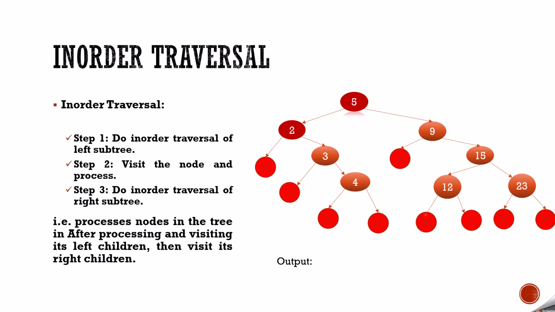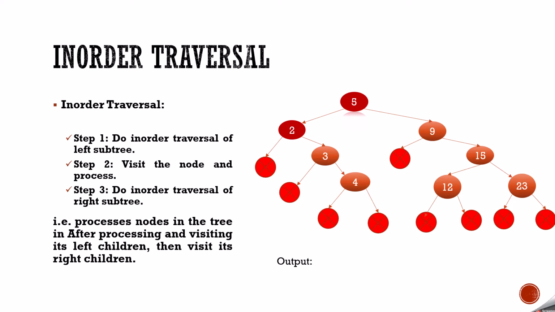In pre-order, the printing happens in the first visit, in case of in-order, the display or processing happens in the second visit, and in case of post-order, it happens in the third visit.